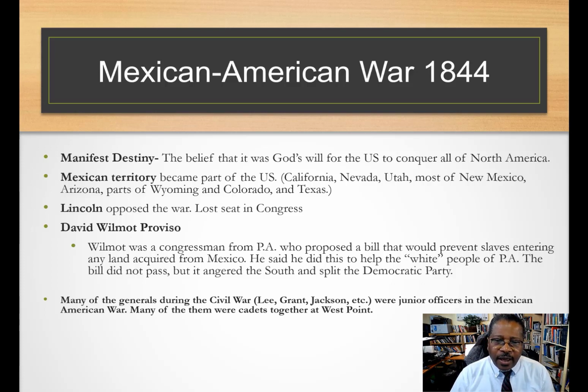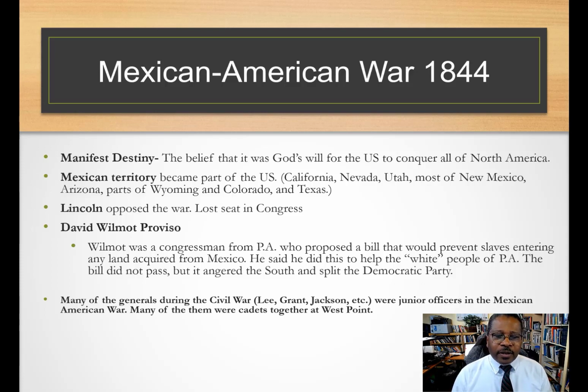That's what I have on the slide here, and what most of the textbooks describe as manifest destiny. Manifest meaning is coming into being, destiny meaning is fate, it's determined, almost by God, that it is, in a sense, God's will that the United States ultimately conquer all of North America.